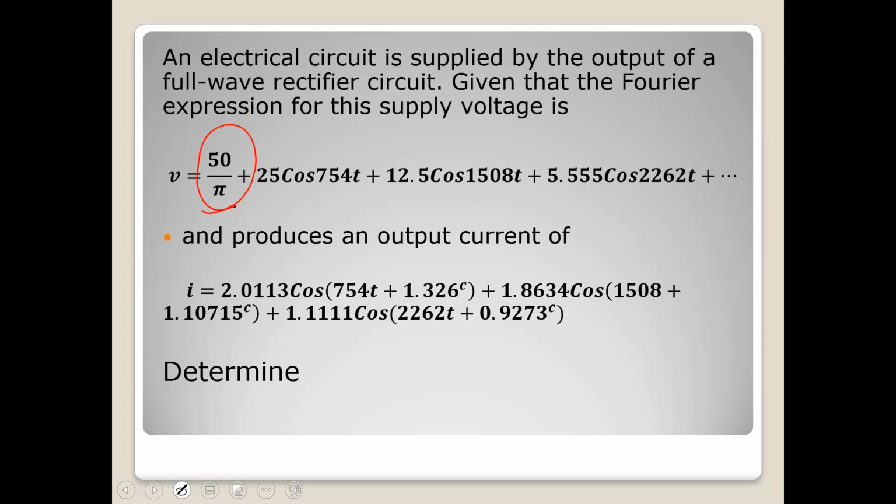So it means that for the DC component, XC would be infinity, which means that IDC would be 0. Don't get confused in seeing something like that. It's just the circuit that is causing it. Do I make myself clear?